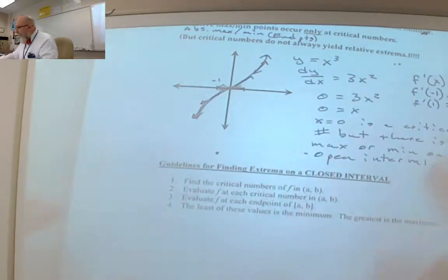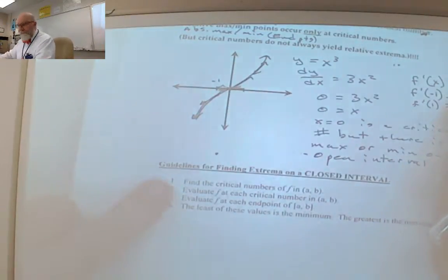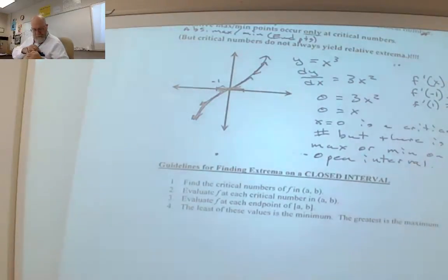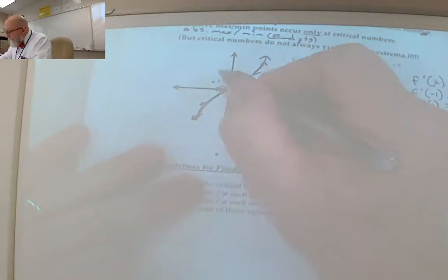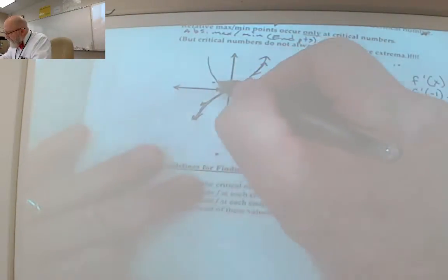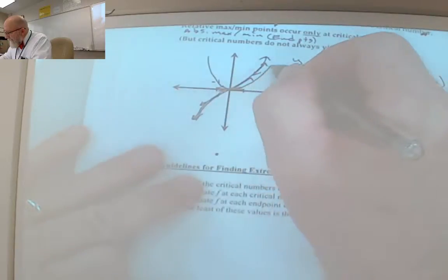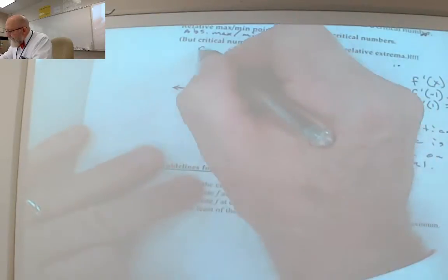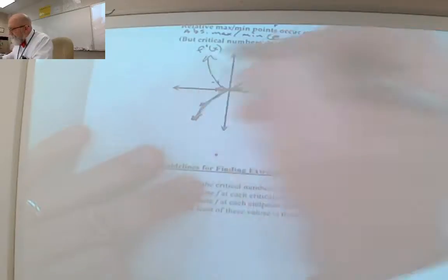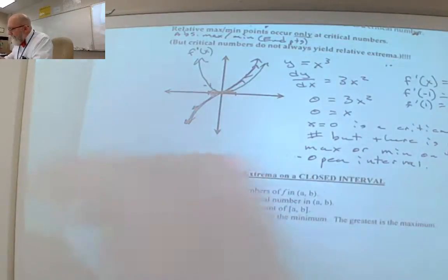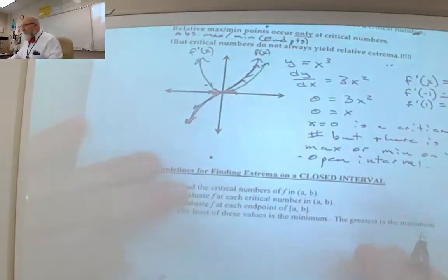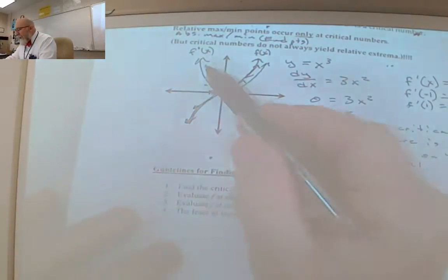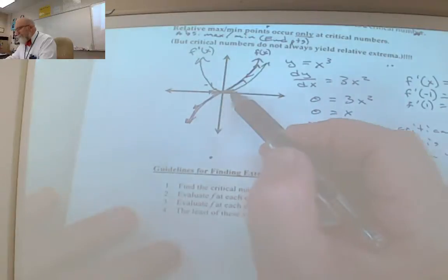In fact, if I graph this derivative, I'll graph it in a different color. This is the derivative. Now, it's not accurately drawn, but it's a parabola, and this is f of x. Notice my derivative is always positive except for 0.